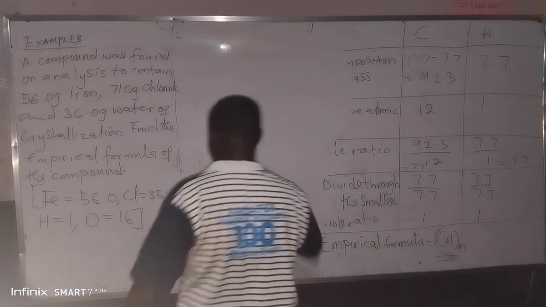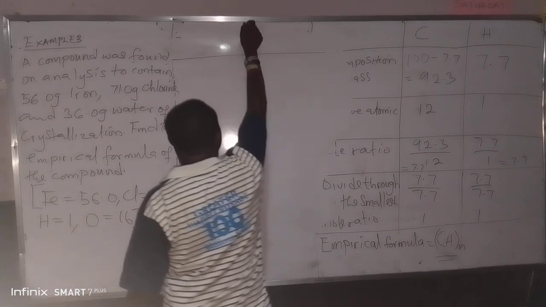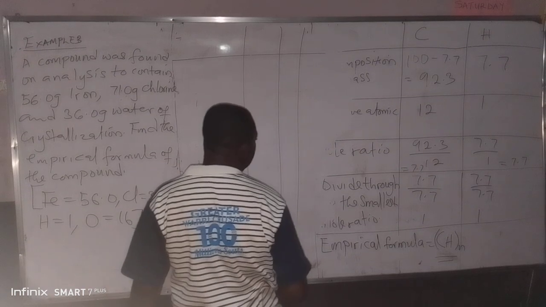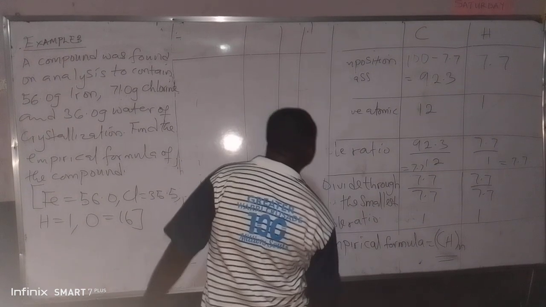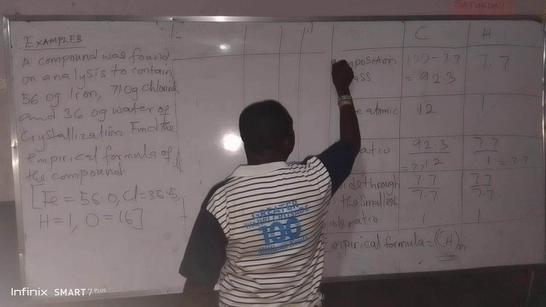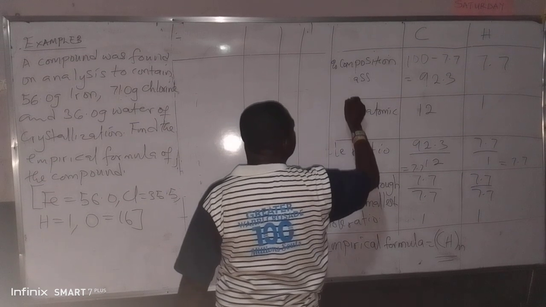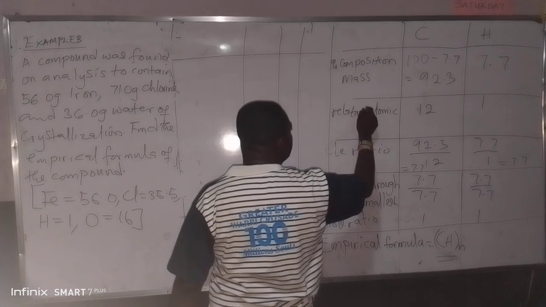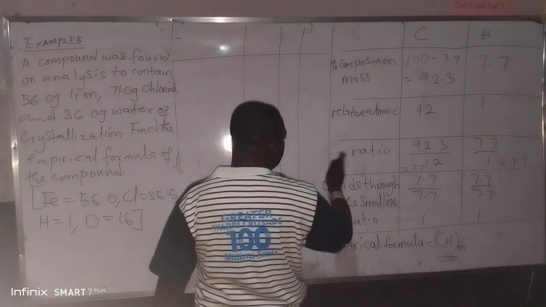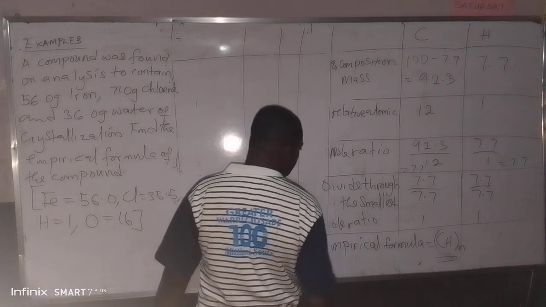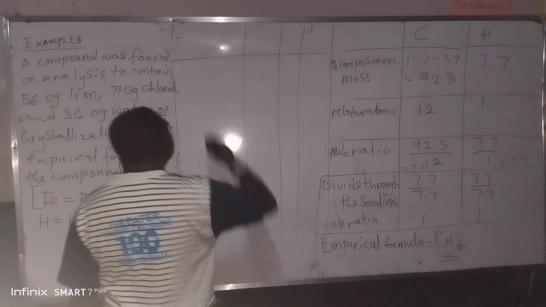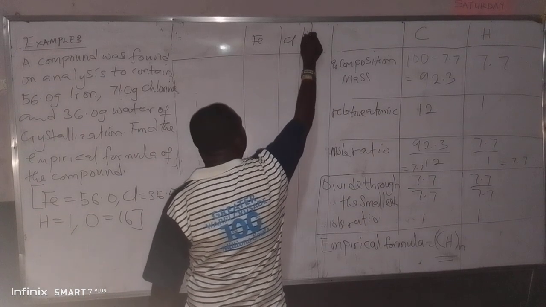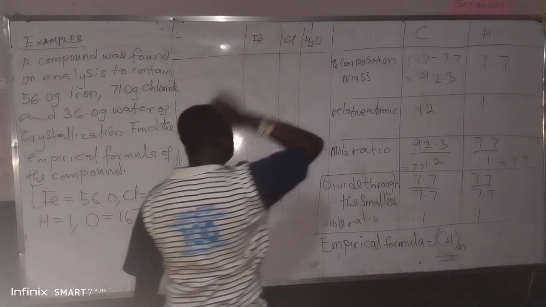So we are going to draw our table as usual. Now, what do we have? Iron Fe, Cl, water of crystallization is H2O.